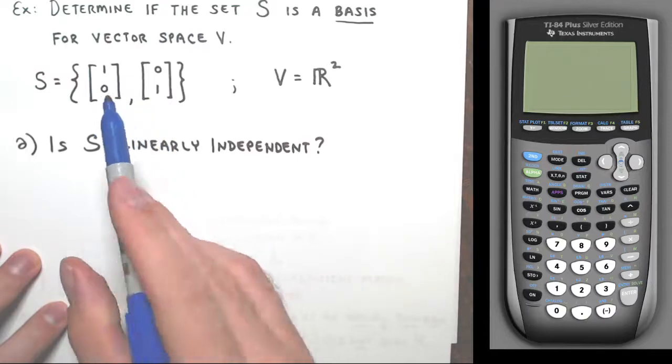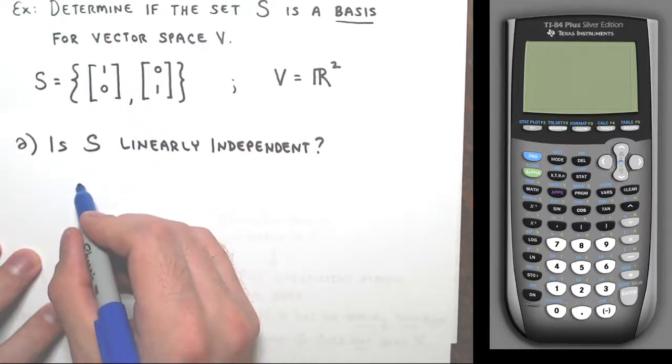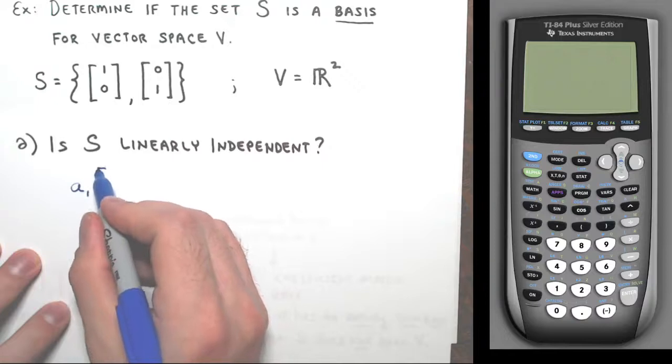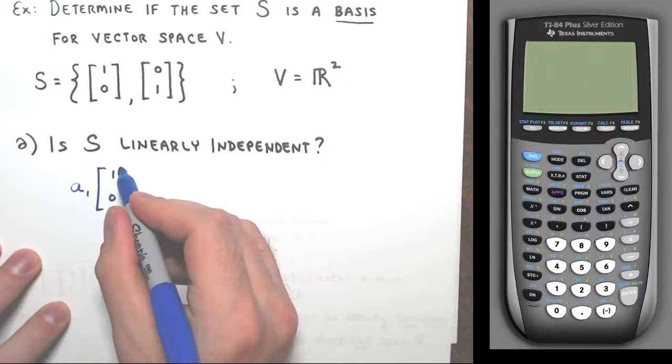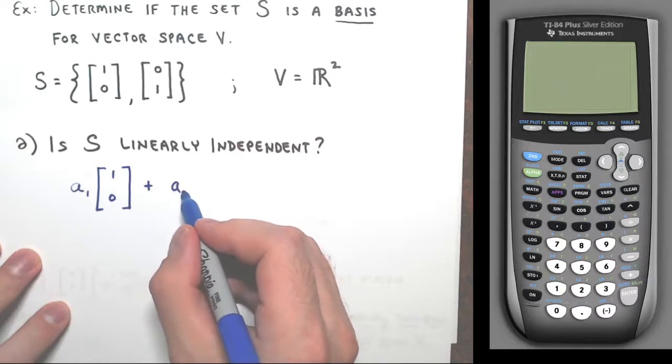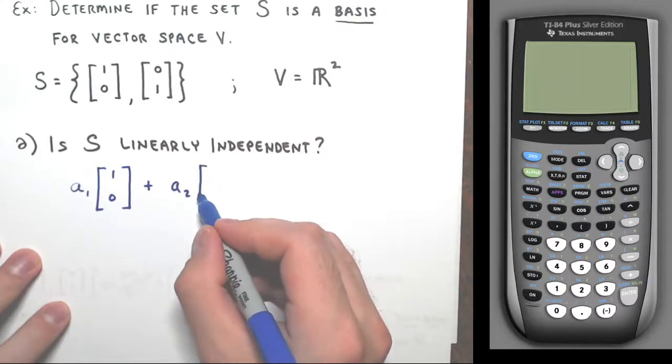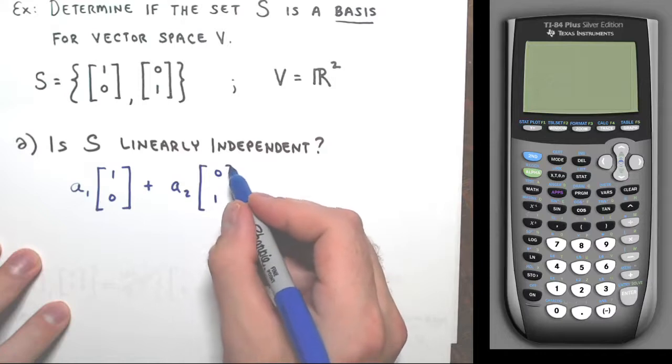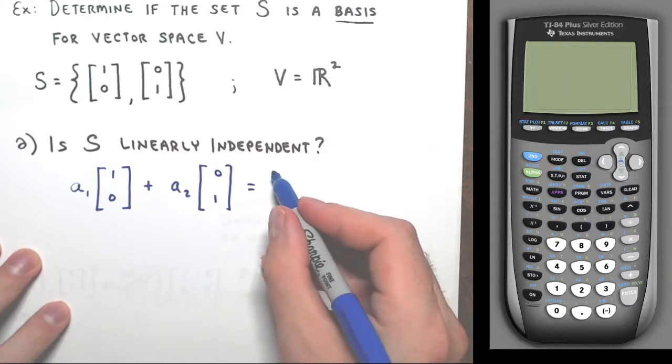Take linear combinations of (1, 0) and (0, 1): some scalar a1 times (1, 0) plus some scalar a2 times (0, 1), and say, when is that going to be equal to the 0 vector?